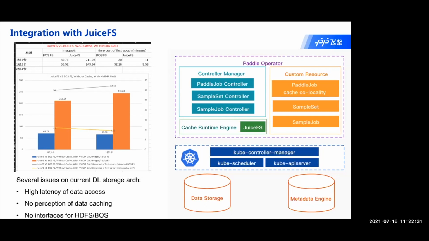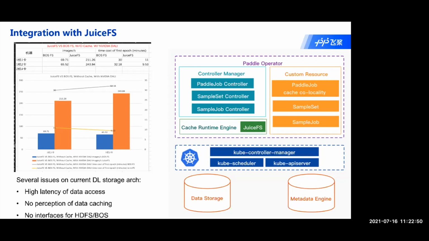When the local machine does not have cache data, JuiceFS can fetch training samples about 2 to 3 times faster than the traditional BOSFS; JuiceFS has better performance than BOSFS in small-file IO scenarios.